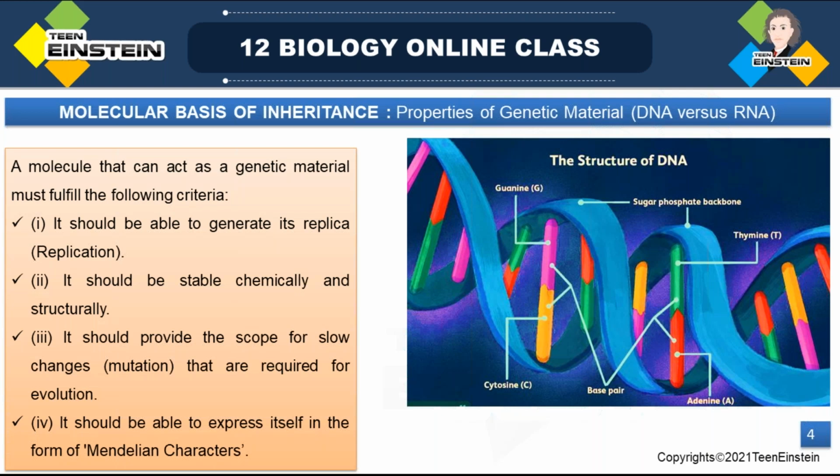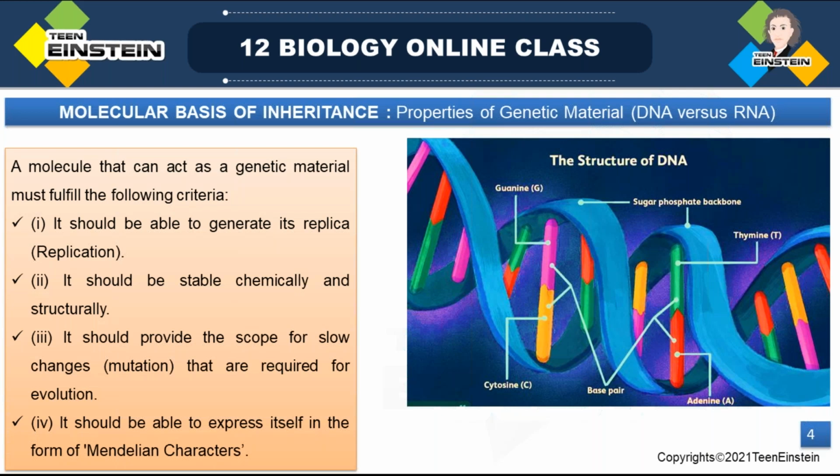If sudden changes happen when it is getting replicated or when a copy is forming, that will be entirely different, right? So there should be a slow change which shows the mutation or variation from the previous generations. That makes the evolution, but that evolution should be at a slower rate. It should happen very slowly.